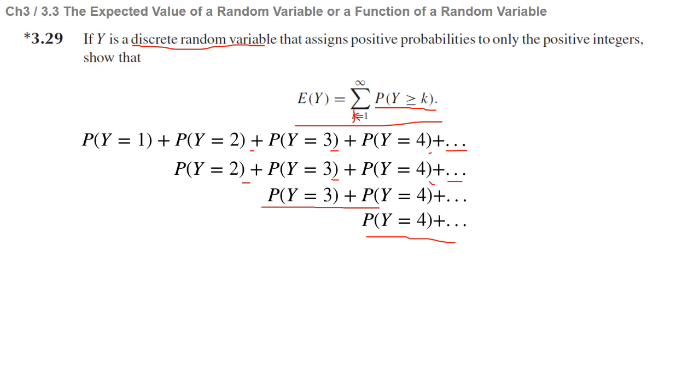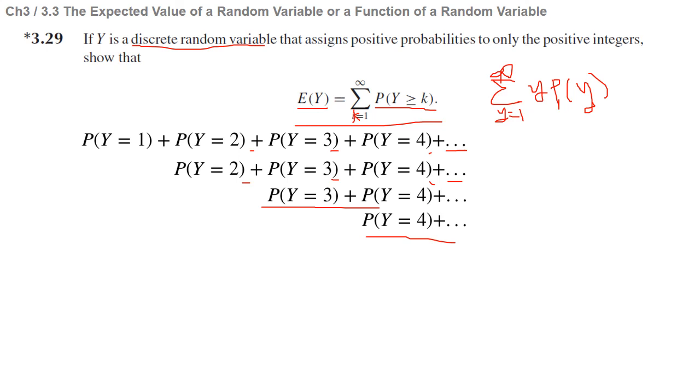And is there any idea from here? I think some of you may already guess. However, let's see what the expected value of Y is. In the discrete case, it is the sum over y from 1 to infinity of y times p(y), where p(y) is the probability that Y equals small y.